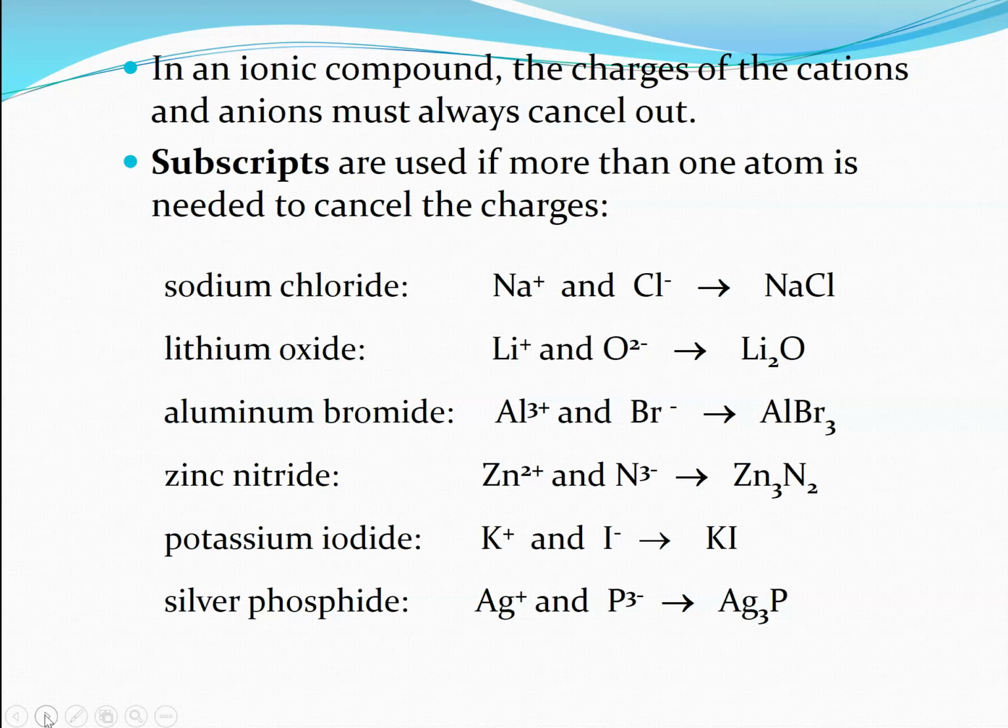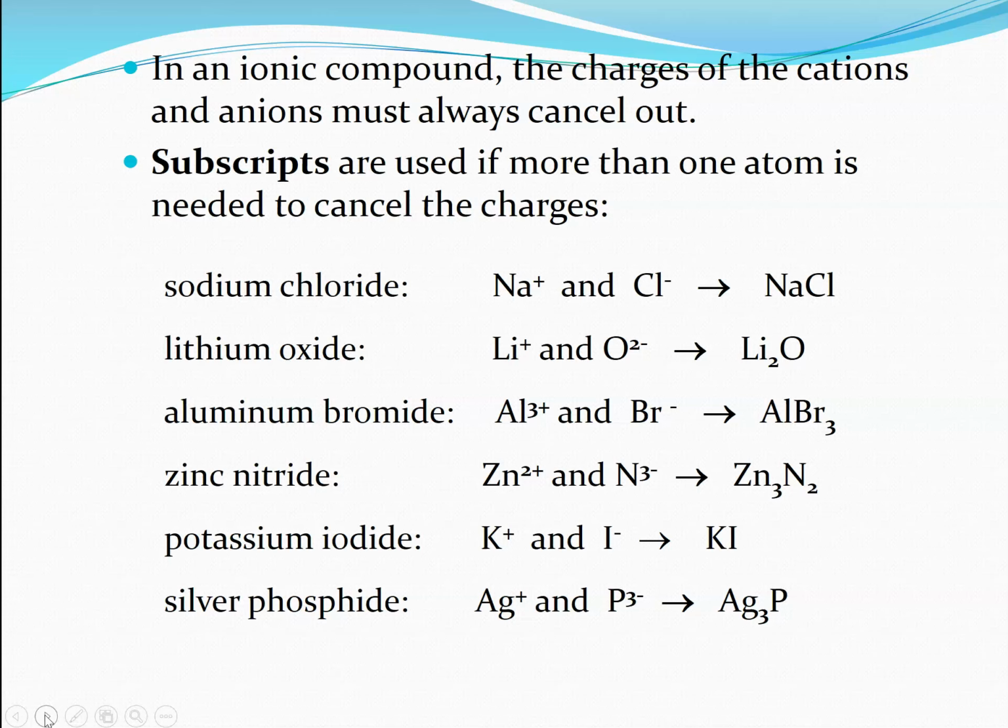Lithium oxide, on the other hand, has lithium with a plus sign and oxygen with a -2 oxidation number. We're going to do the crisscross because they're not the same number, opposite charges. The 2 from the oxygen goes in front as a subscript of lithium, and then the 1 from the lithium becomes the subscript of oxygen, but since it's a 1, you don't have to write it.